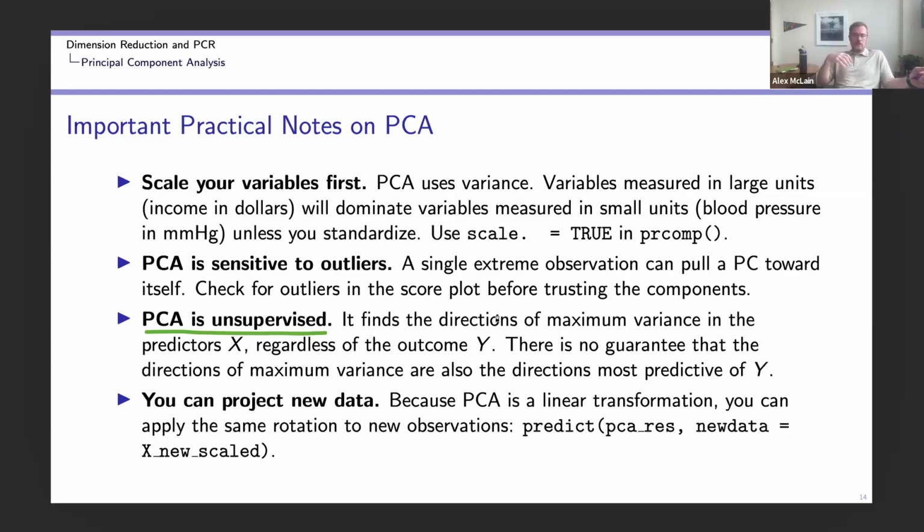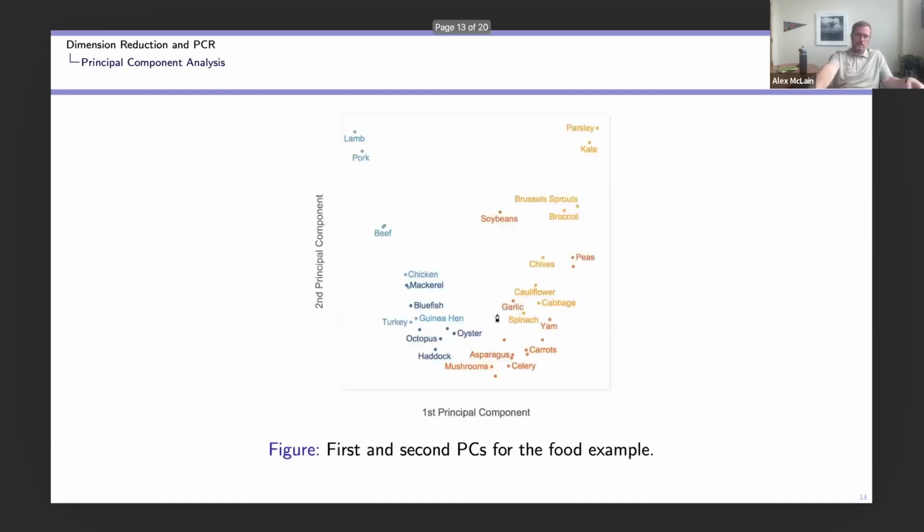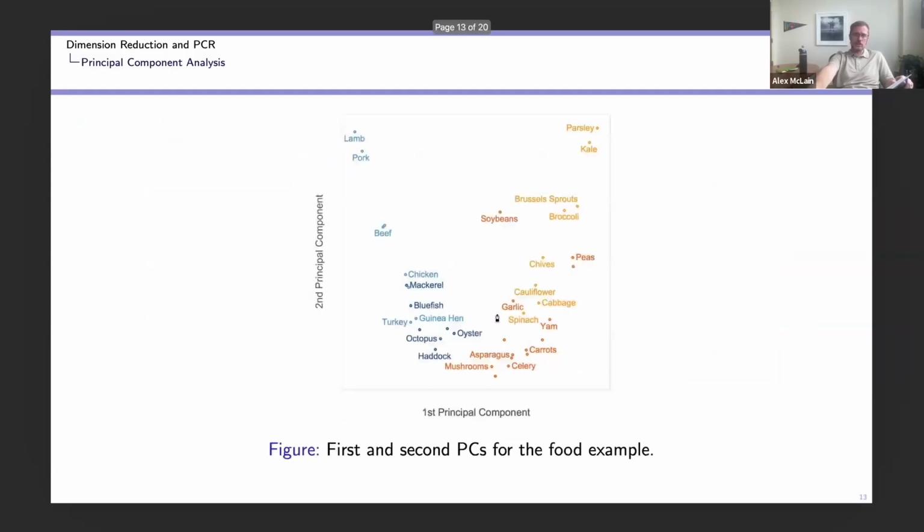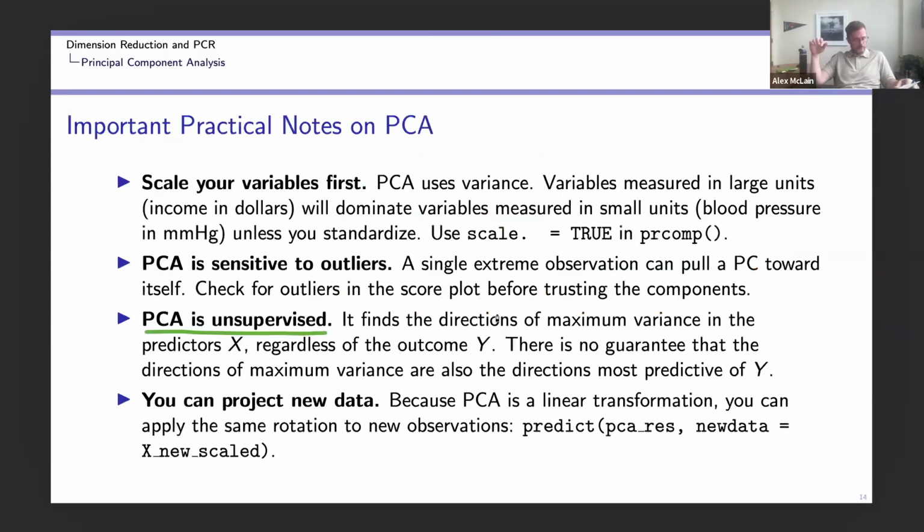If we have a new food in our nutrition data set, well, all right, for the new food, give me its fat, protein, fiber, and vitamin C. I'll tell you its score on PCA 1, 2, 3, and 4. That's a very nice thing about PCs, that we can predict what they are for new data. We can't do that with local methods as I described before.